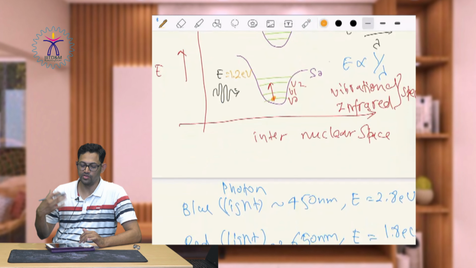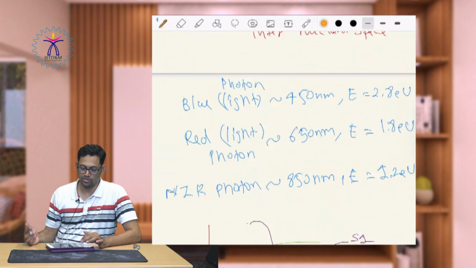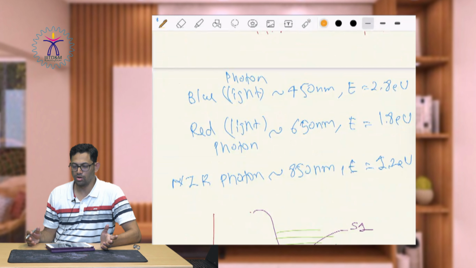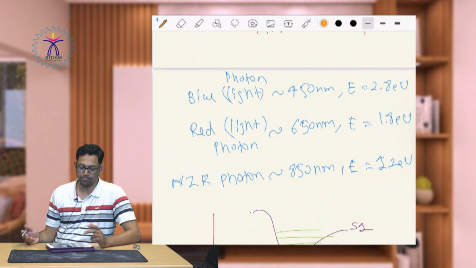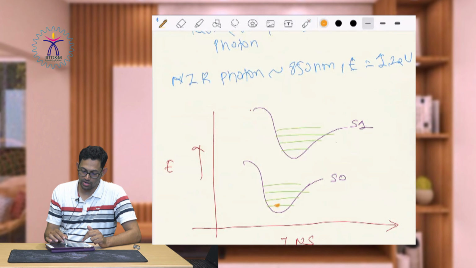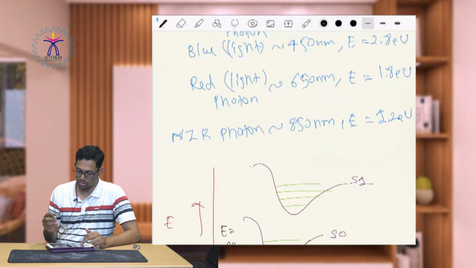For example, in the visible range, say green light. We have this photon now, represented by a particular energy, and that green light could be around 2.3 eV.